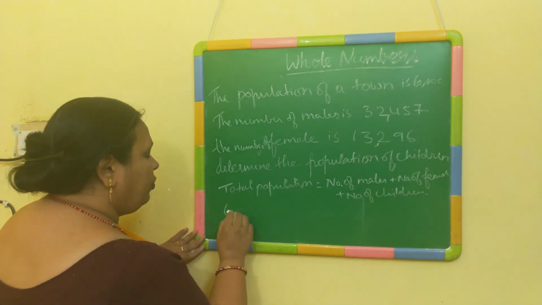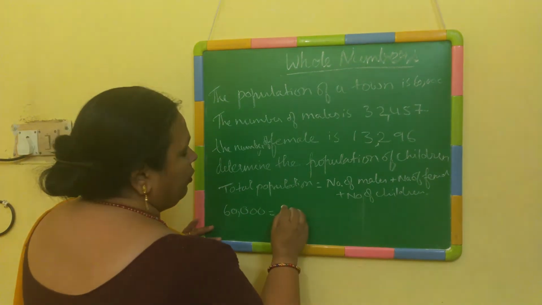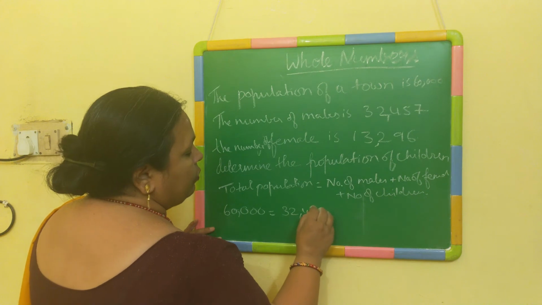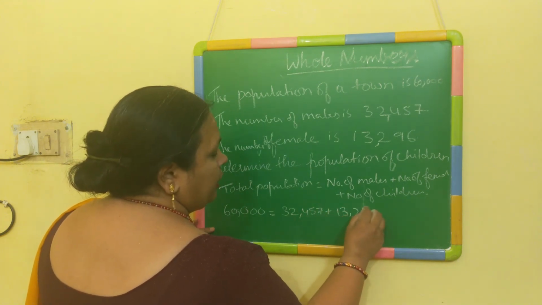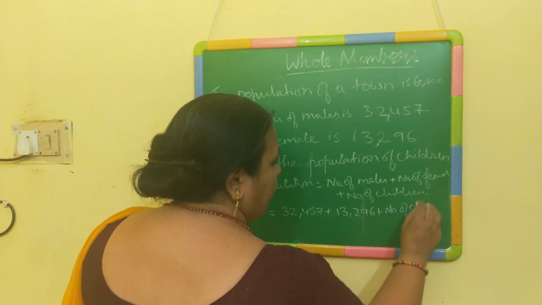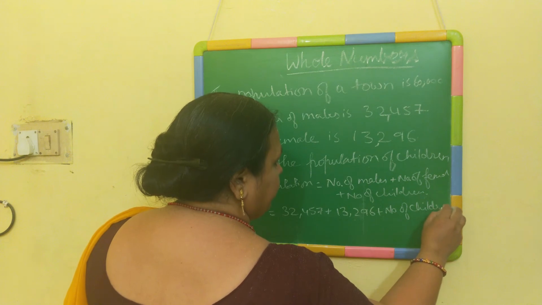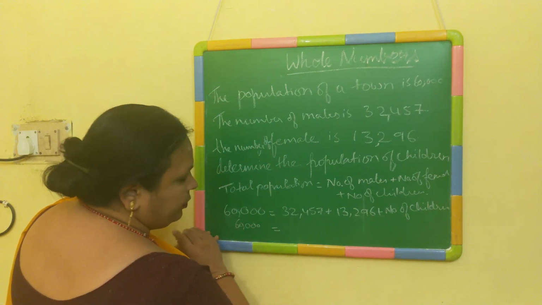Now we need to substitute the values. 60,000 equals the number of males, 32,457, plus the number of females, 13,296, plus the number of children. Now when you add, this is 60,000. Clear?